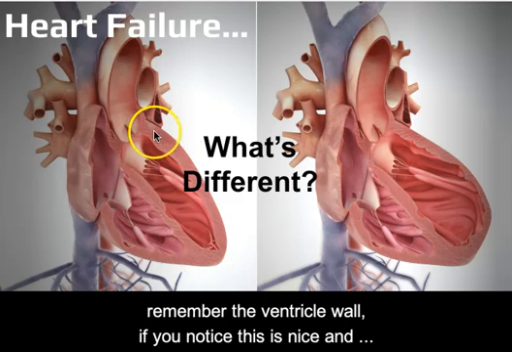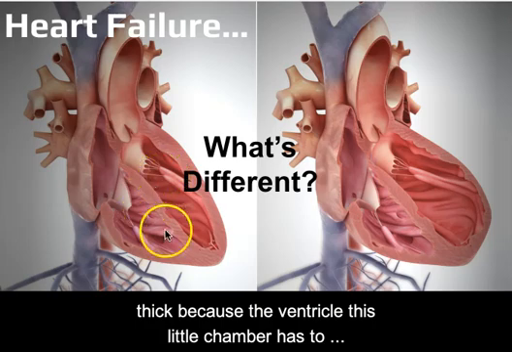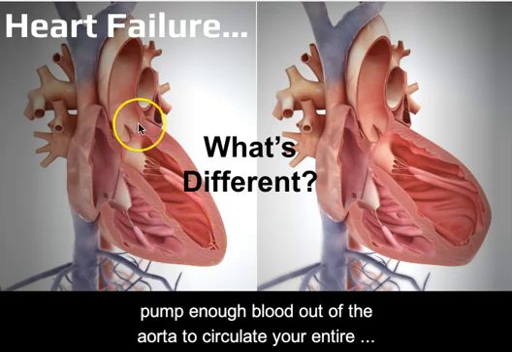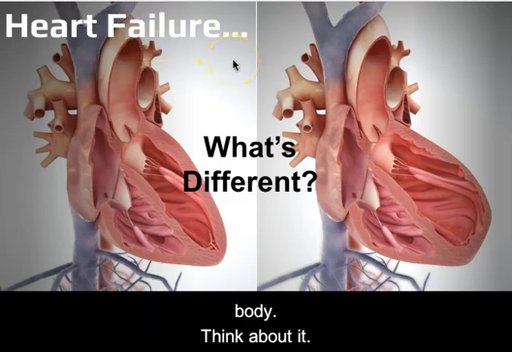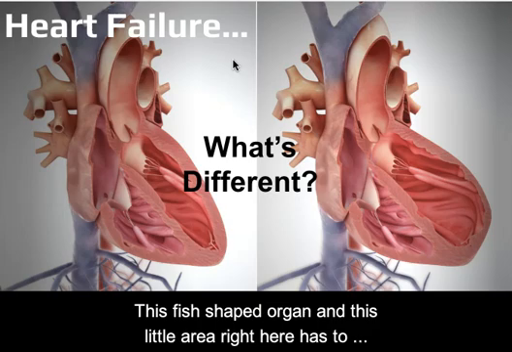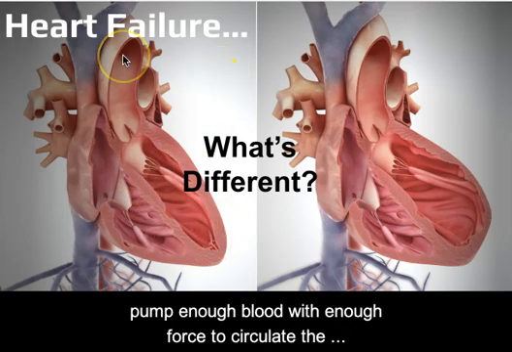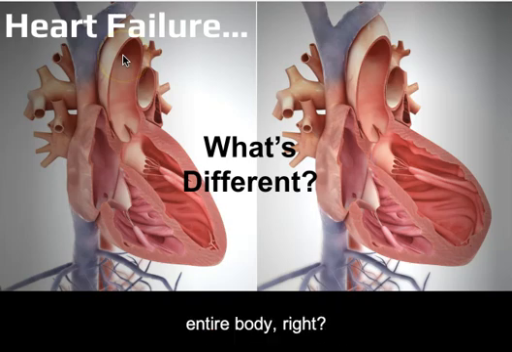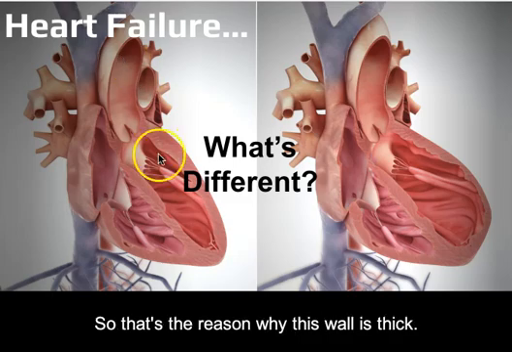It's nice and thick because this little chamber has to pump enough blood out of the aorta to circulate your entire body. Think about it, this fist-shaped organ has to pump enough blood with enough force to circulate the entire body, right? So that's the reason why this wall is thick.